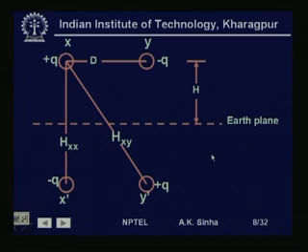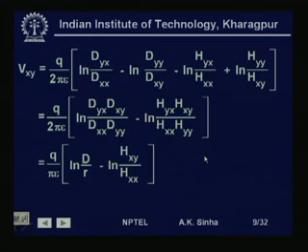Now, with this system we would like to find the voltage between the two conductors x and y.